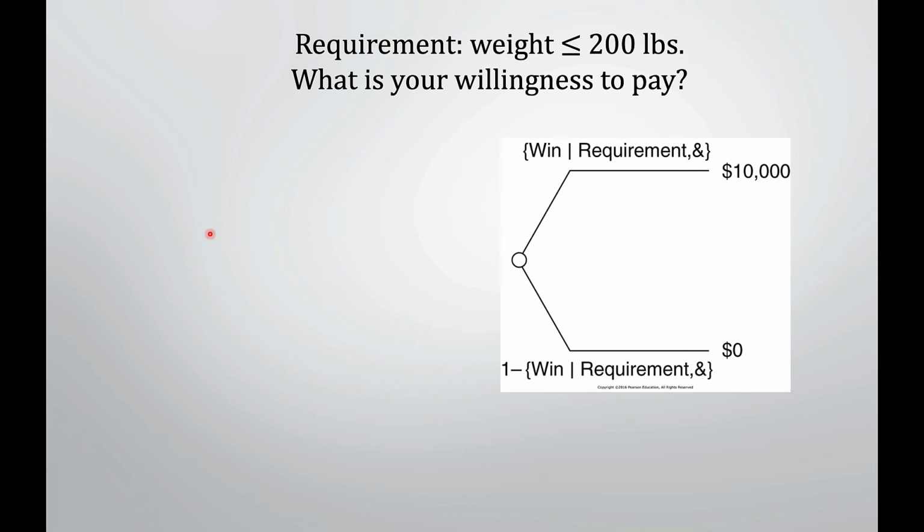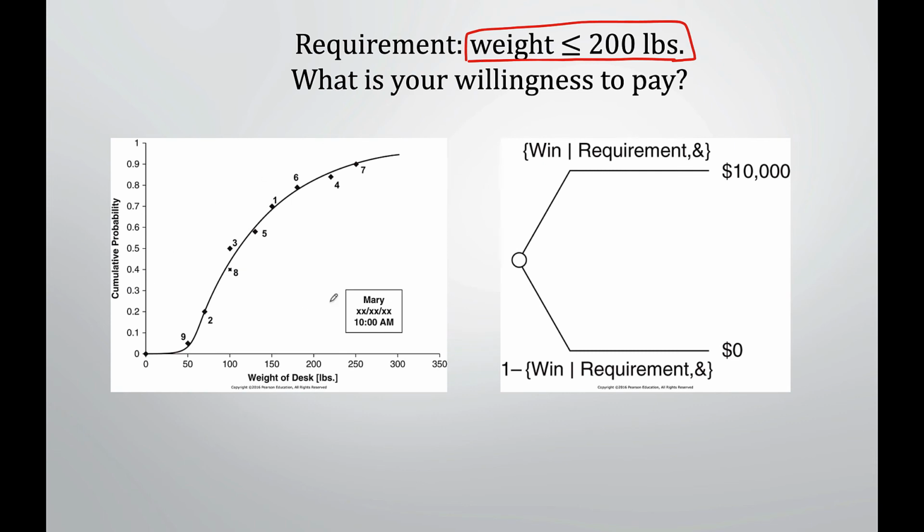Now the requirement is the weight being less or equal to 200 pounds. The first thing we need to figure out is, what is the probability that the requirement is satisfied? What is the probability that the weight of the desk is less or equal to 200 pounds? For that information, Jane will look at the encoded probability that you gave her.